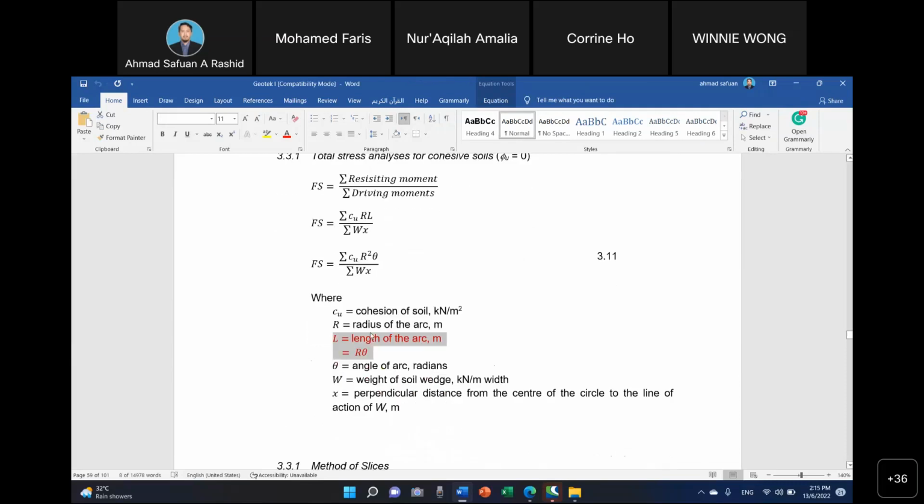L actually is the length of the arc, r theta. Then r theta times r is r squared theta, perpendicular. Then we have theta w x.